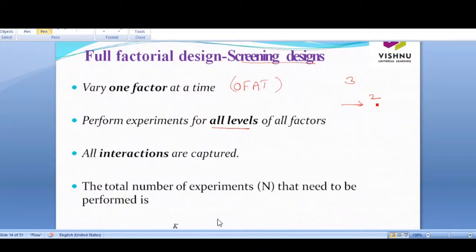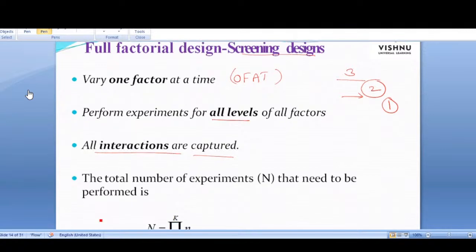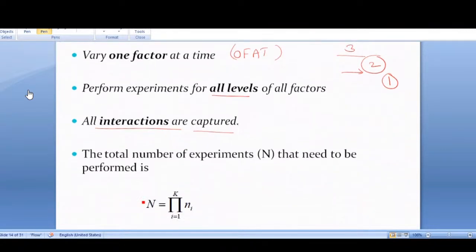Now let us say there are three factors, then you fix two factors and vary one. Similarly you fix another factor and another variable, then we have to vary one more. Like that you have to perform all the experiments. Then you have to combine all the interactions which are captured by the experimentation. So how can you find the total number of experiments?